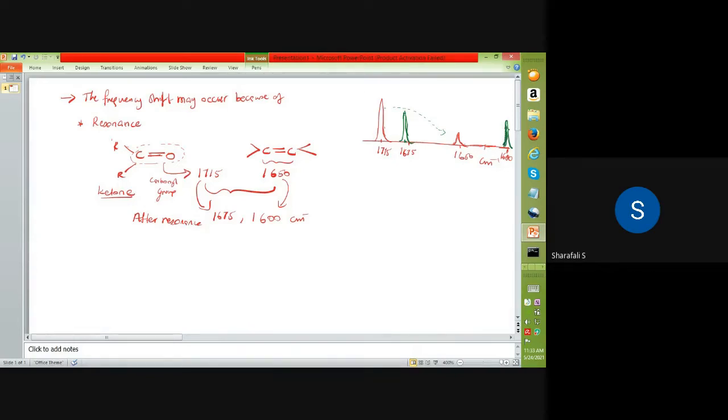We have more intensity correspondingly. So after resonance, the intensity of this 1650 will be comparable with that of 1675, which means that this is the C double bond O group. This is the C double bond C group.